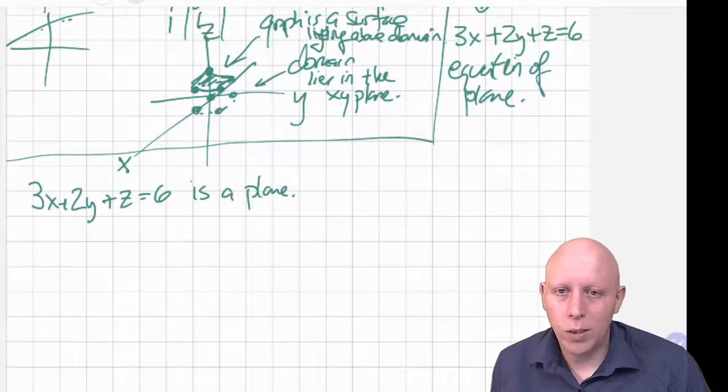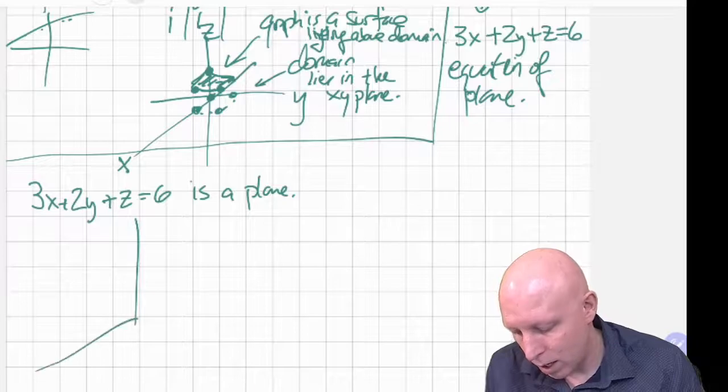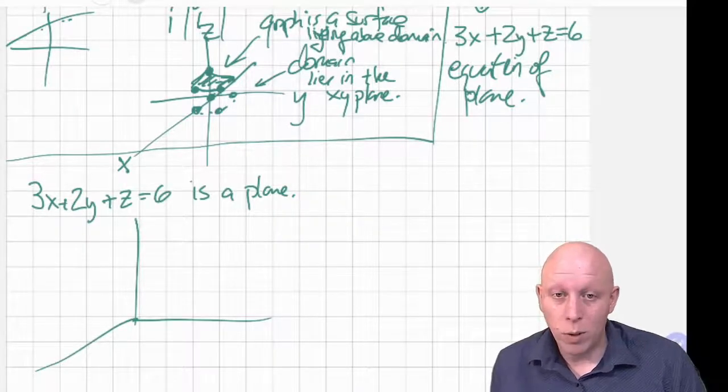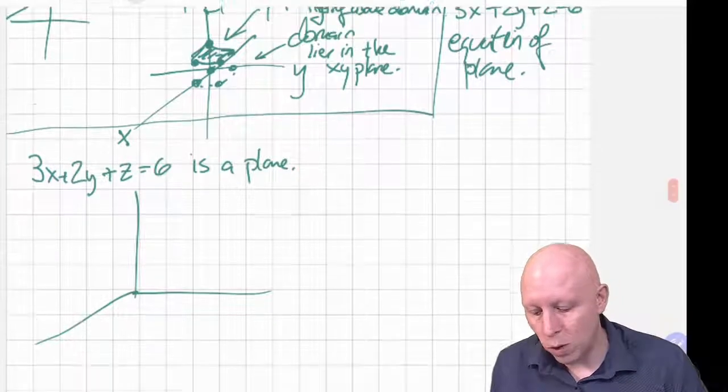So how might we draw a plane in 3 space? So we draw our coordinates. One thing we can do is figure out where the plane intersects the x, y, and z axes.